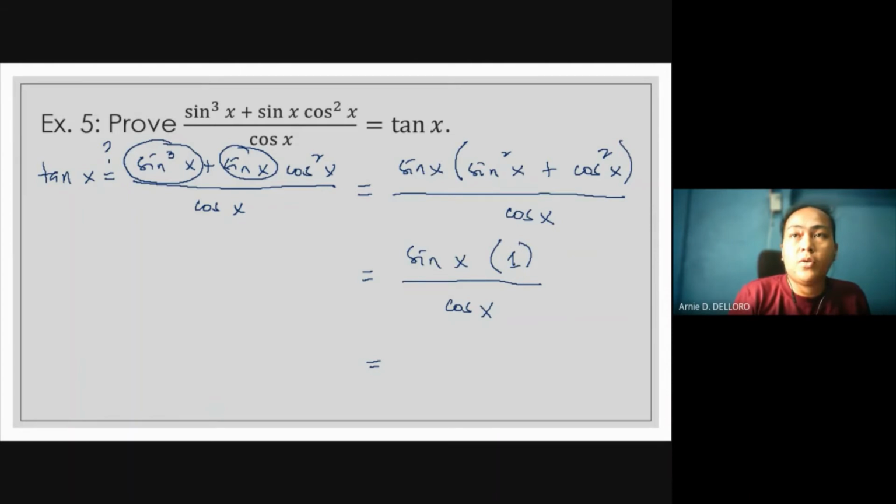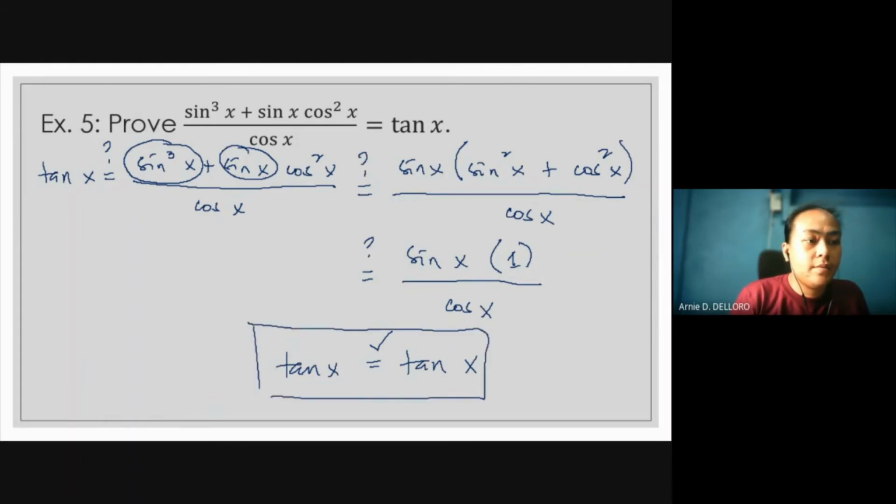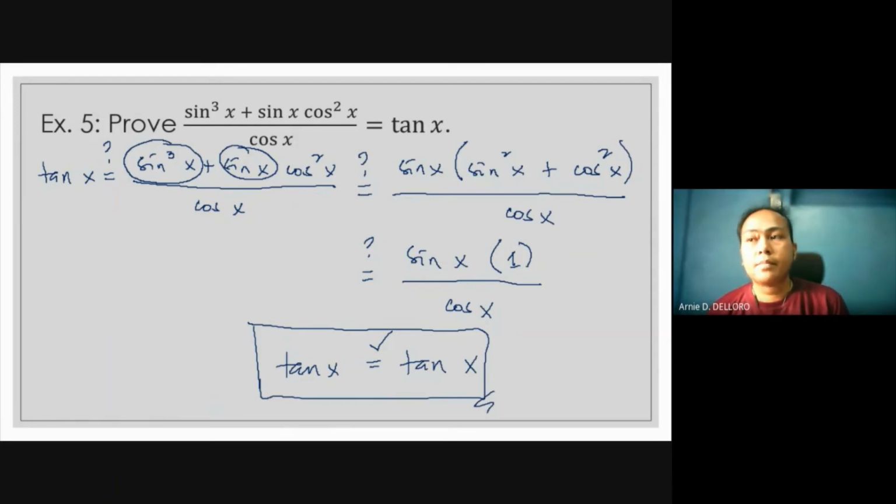And using the quotient identity, sine x over cosine x is tangent x. So, ibig sabihin, equal yung dalawa. Okay? So, ibig sabihin, they are equal.